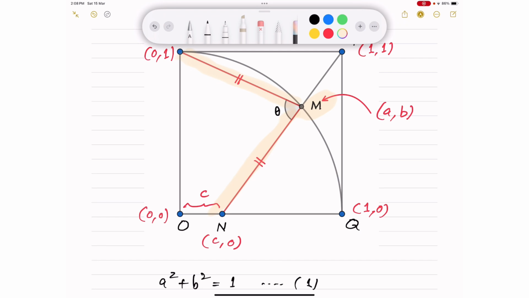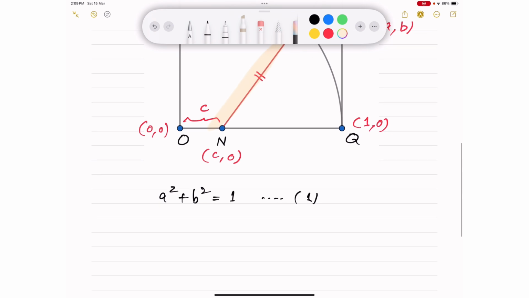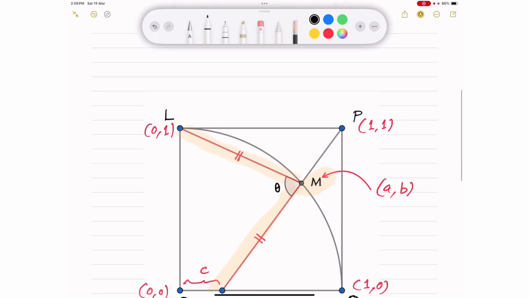The length LM is a minus 0, which is a squared, plus b minus 1 all squared. So a squared plus b minus 1 all squared is the squared length of LM.